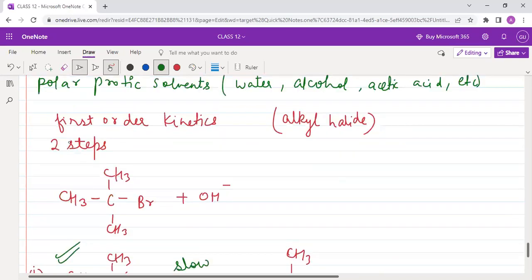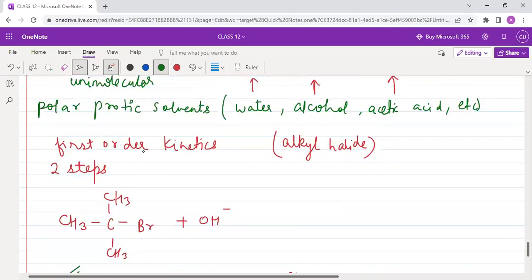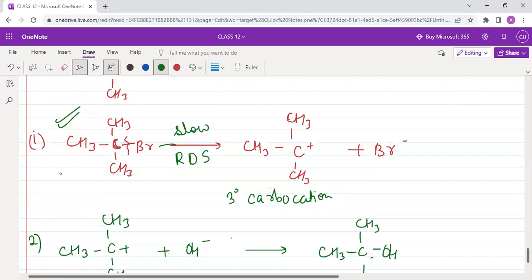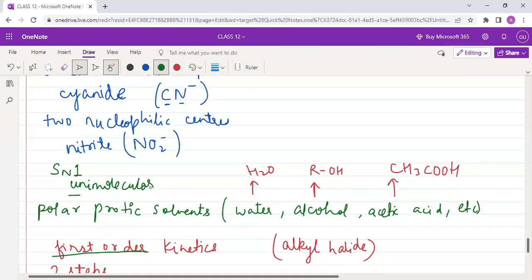That's why SN1 follows first order kinetics. The RDS also determines the molecularity: in the slow step only one molecule participates, so it is unimolecular. So it is substitution nucleophilic unimolecular.